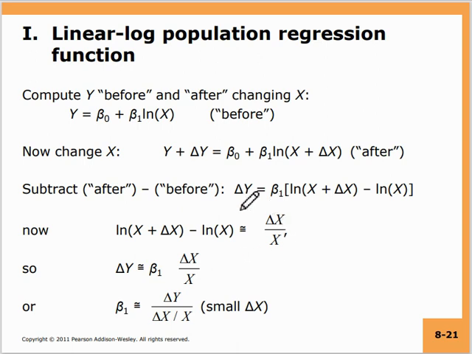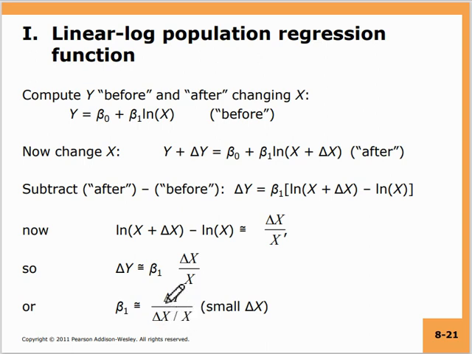So we have delta y approximately equal to beta 1 multiplied by delta x by x. If you look at what beta 1 is, you cross multiply, and beta 1 is delta y divided by delta x by x.